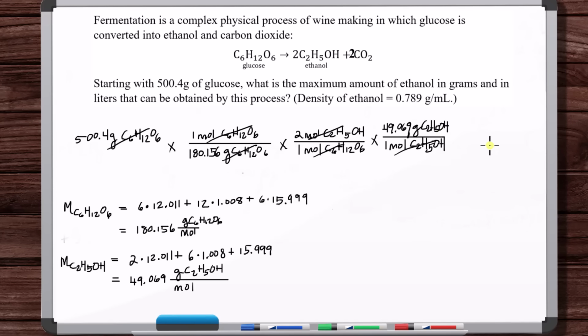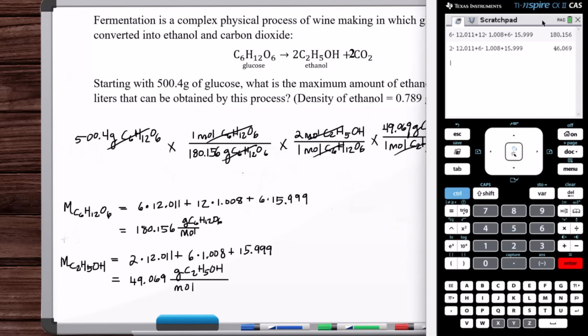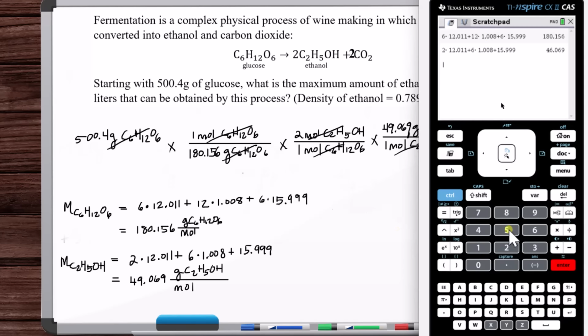So let's calculate this, because that's one answer we're looking for, the amount of ethanol in grams. So 500.4 times 2 times 46.069 divided by 180.156, 272.6 grams.